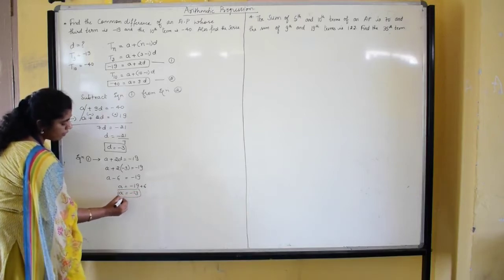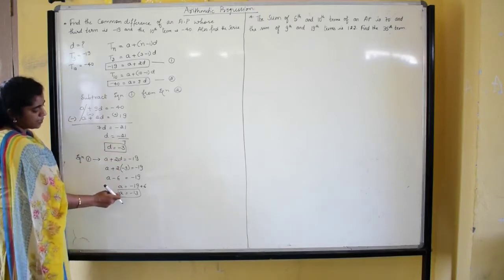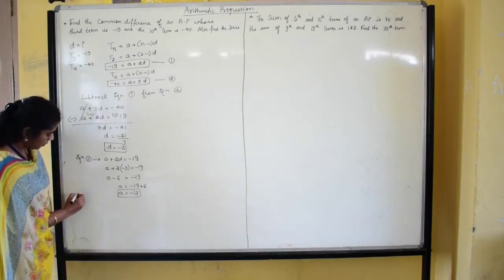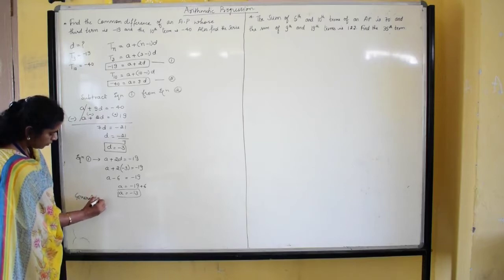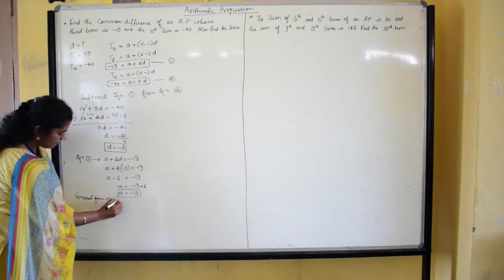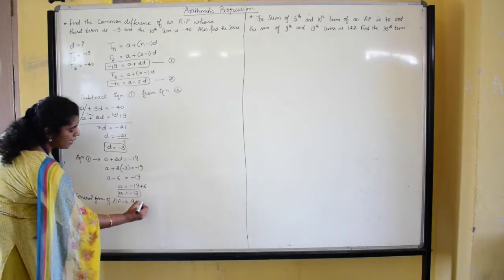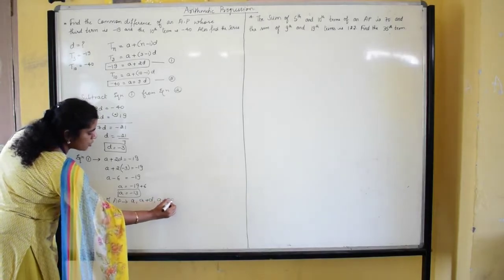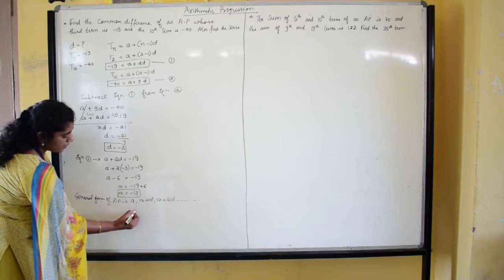So we got the common difference D as minus 3 and the first term A is equal to minus 13. The general form of an AP series: how do we write it? The first term A, the second term will be A plus D, the third term is A plus 2D, and the series continues. So the first term is minus 13.